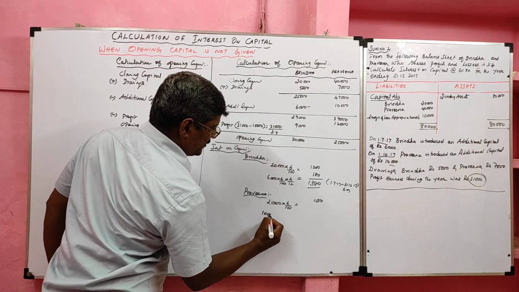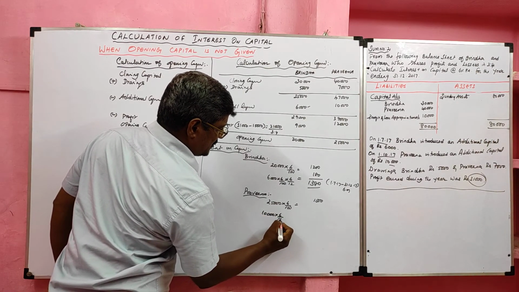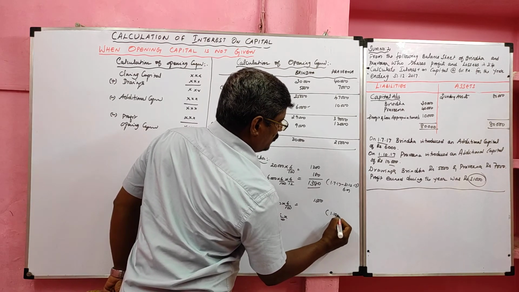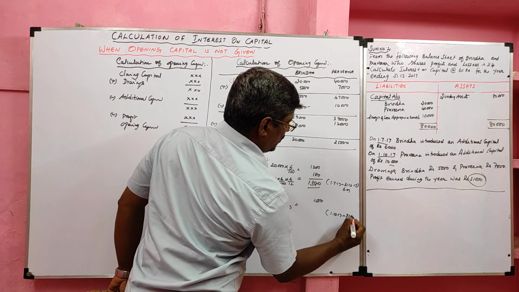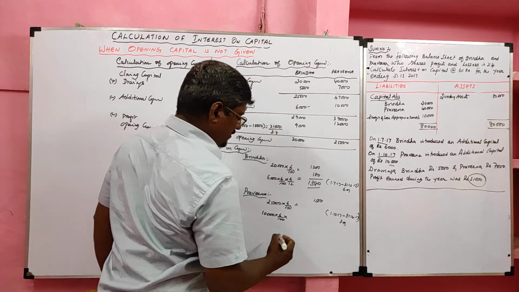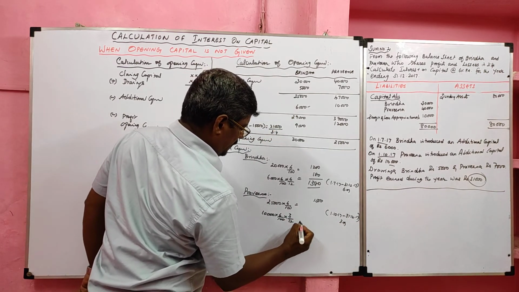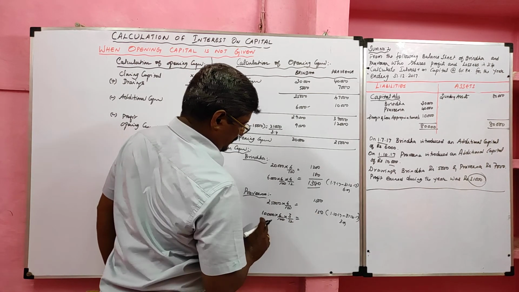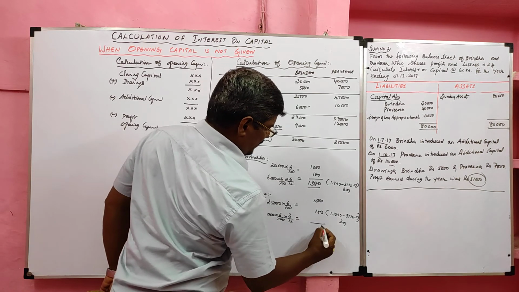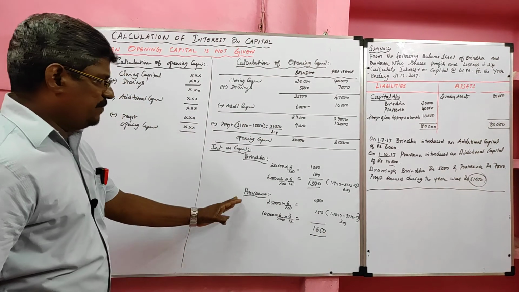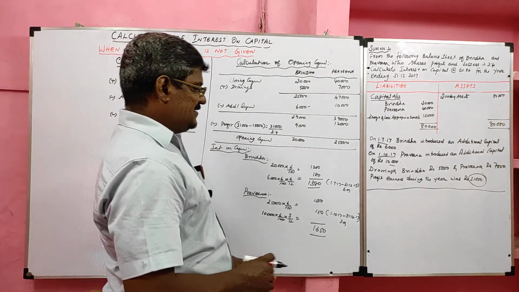So 10,000 additional capital at 6%, from 1/10/2017 to 31/12/2017. How many months? We have to provide 3 months' interest on capital. 600, for 3 months 150. So for Praveena, we have to pay 1,650 as interest on capital.